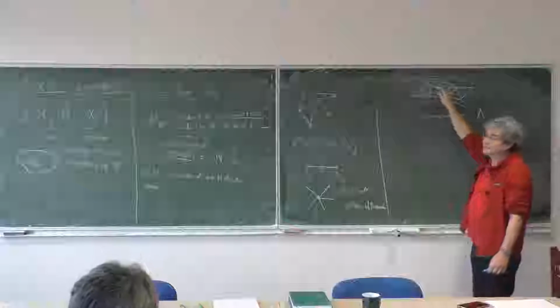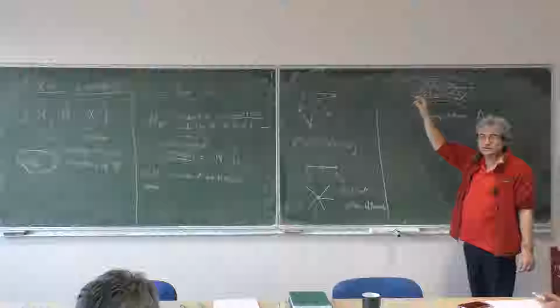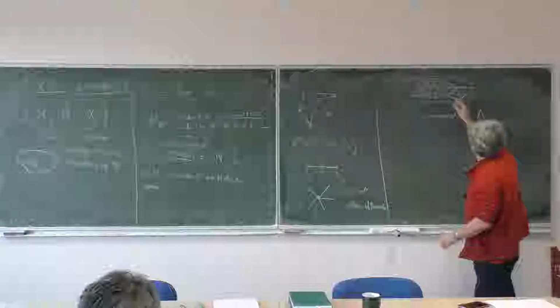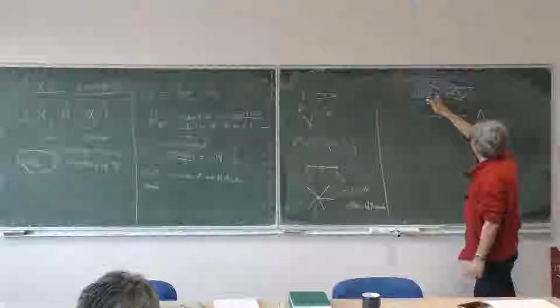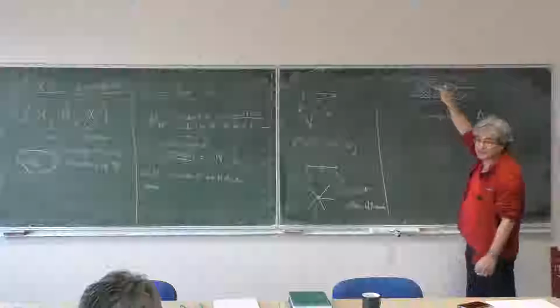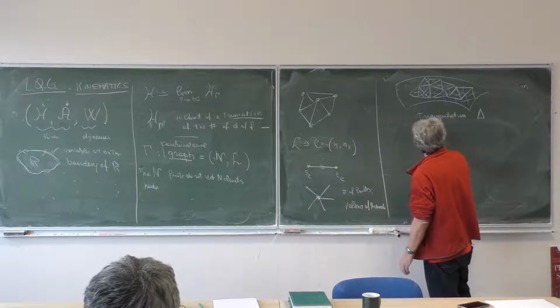And the graph obtained by identifying any triangle with a node and any two adjacent triangles with a link, this blue graph I've written down, is called a dual triangulation.